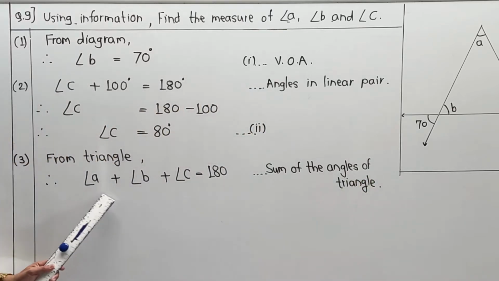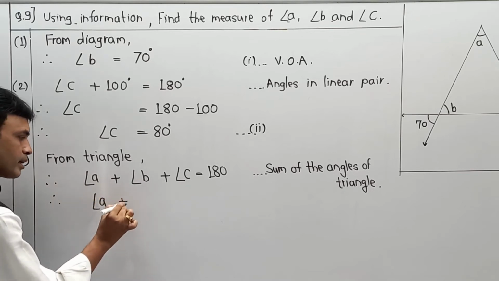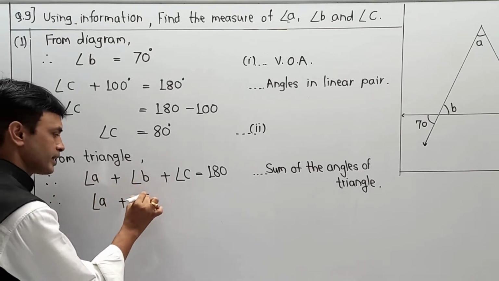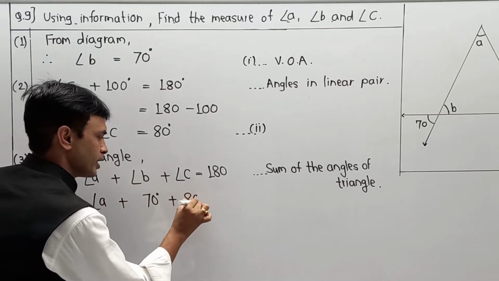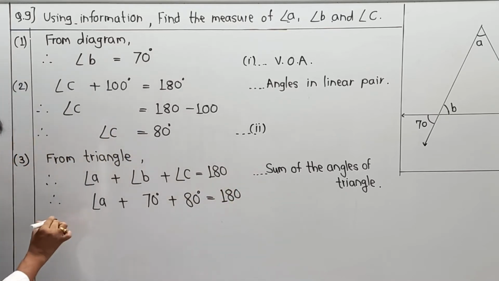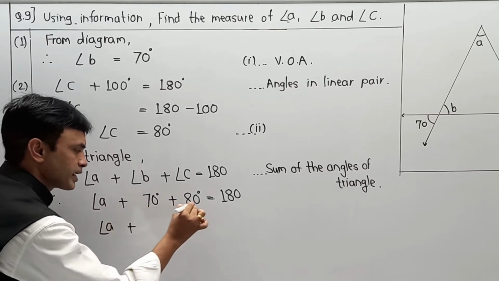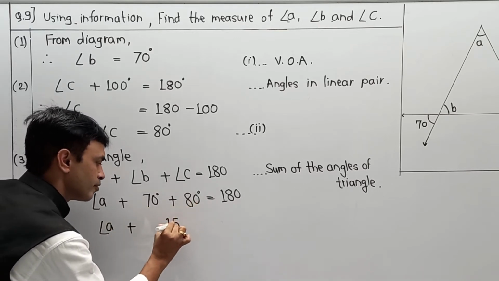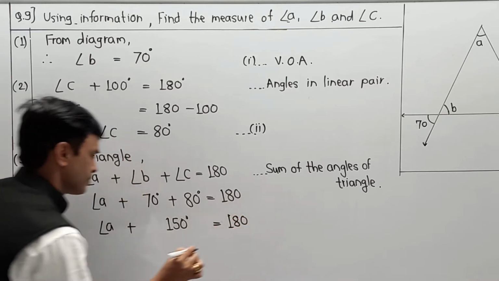Here angle A is what we are supposed to find. So angle A plus angle B, that is 70 degree, plus angle C, that is 80 degree, is equal to 180 degree. Therefore angle A, here 70 plus 80 becomes 150 degree, is equal to 180 degree.